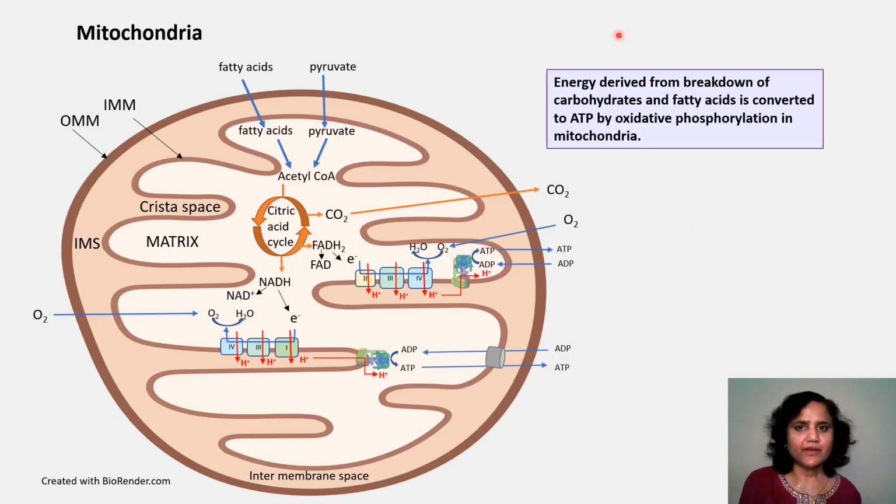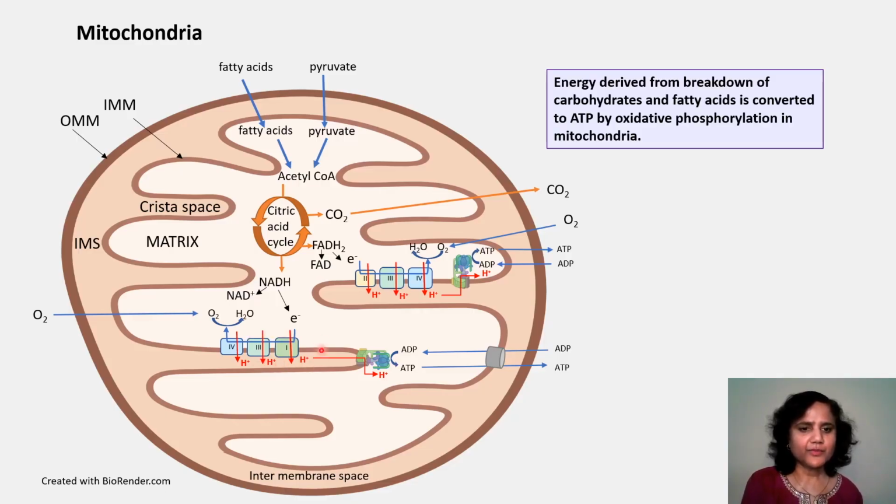Electron transfer via the electron transport chain is associated with a decrease in free energy that is used to pump the protons from the mitochondrial matrix into the intermembrane space.